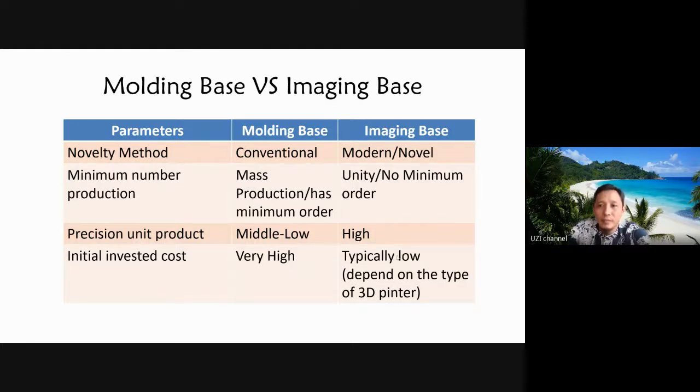But for the imaging base, it is typically low, though it also depends on the type of 3D printer. Commonly it is lower than the molding base polymer processing investment.